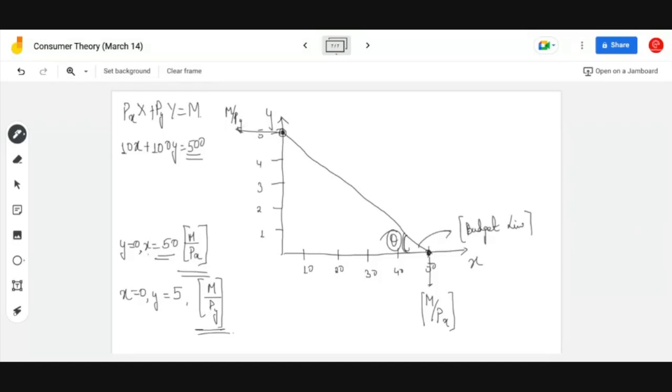How many of you studied mathematical economics at the undergrad level? Slope is change in Y by change in X. What is tan theta? Perpendicular by base, vertical line divided by horizontal line.